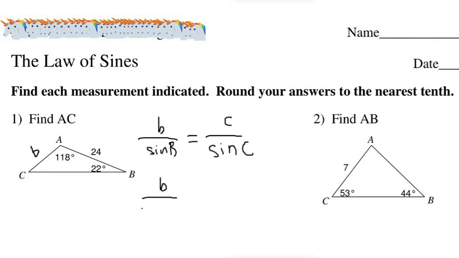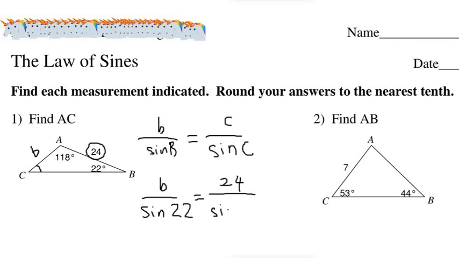And the angle B is 22, so we write sine 22 here. And that equals c. Now which one is c? c is the side that is opposite to angle C. Angle C is this, and so this side is opposite to angle C, so that must be small letter c. So it will be 24 over sine C.